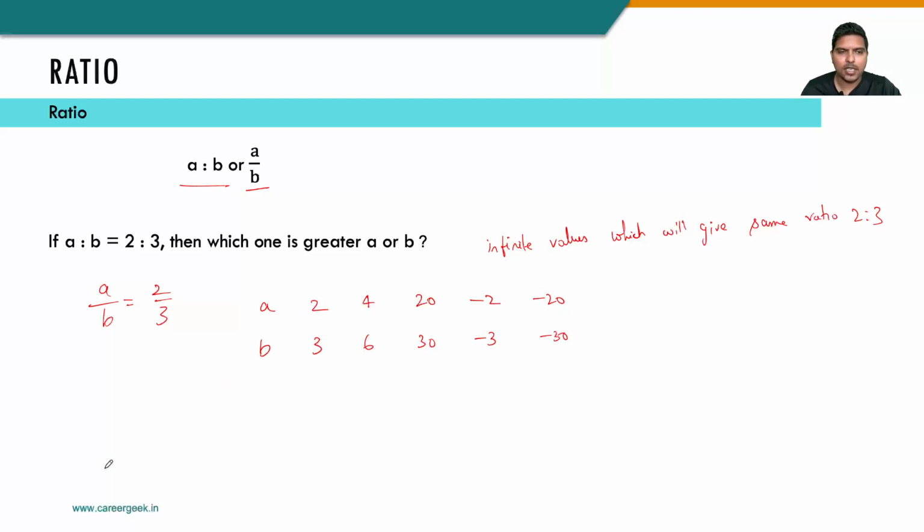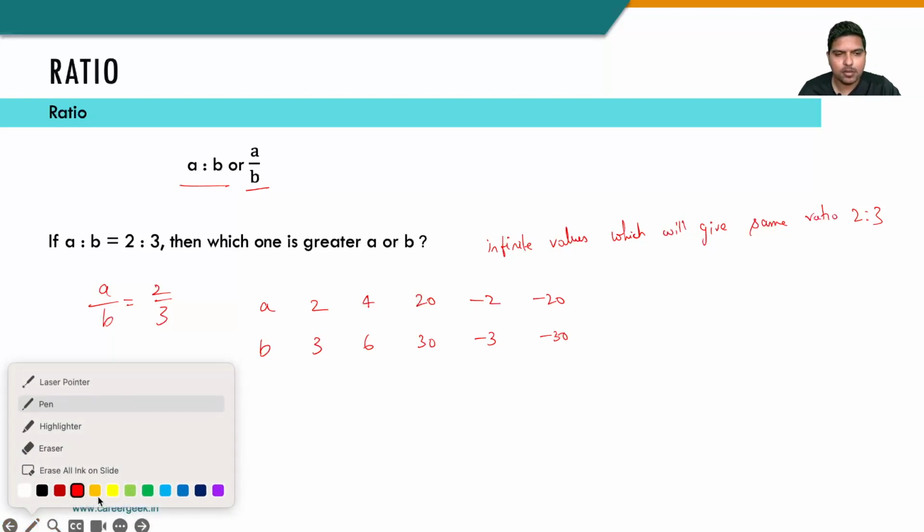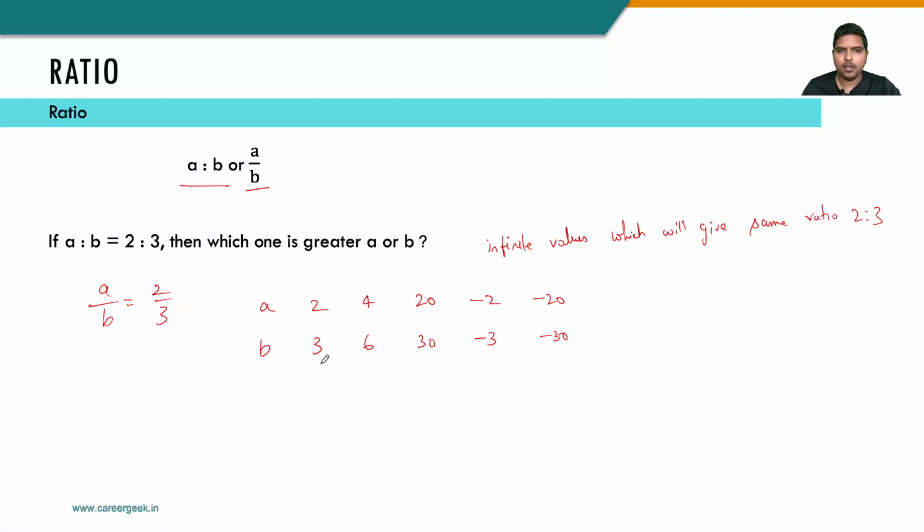Now, if you see over here, in the first case B is greater than A, second case B is greater than A, third case B is greater than A, good. Most of you would have thought that because B corresponds to the larger number, B has to be greater than A. Now, between negative 2 and negative 3, which one is greater?